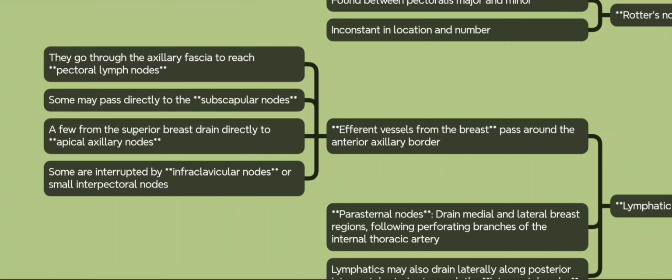A few from the superior breast drain directly to the apical axillary nodes. Apical, do you remember? There's anterior, posterior, central, and apical. Some are interrupted by infraclavicular nodes or small interpectoral Rotter's nodes.